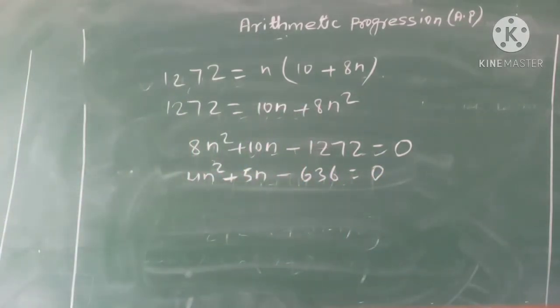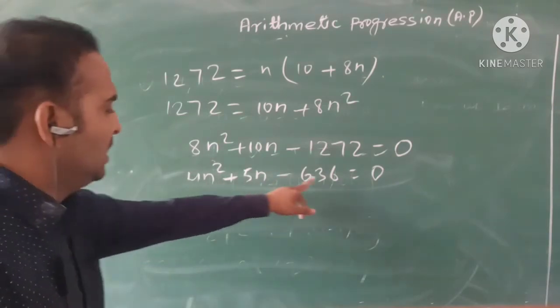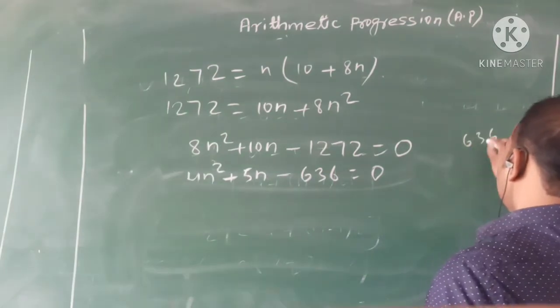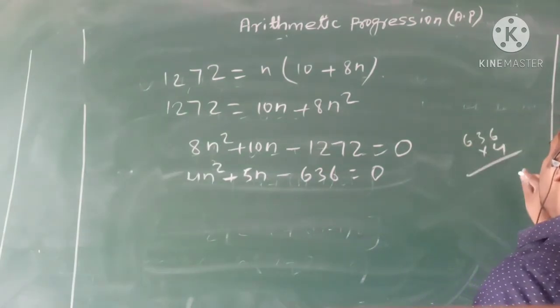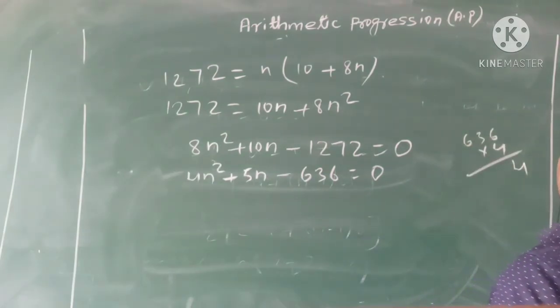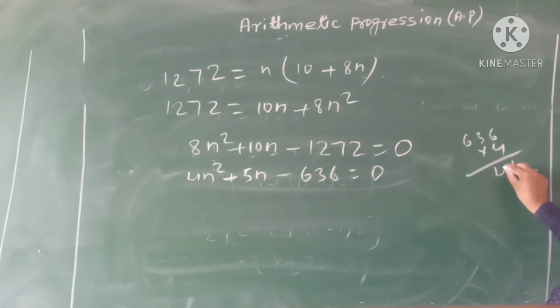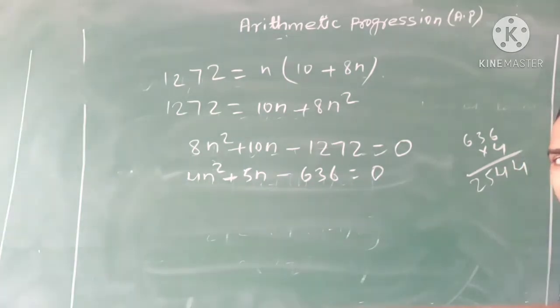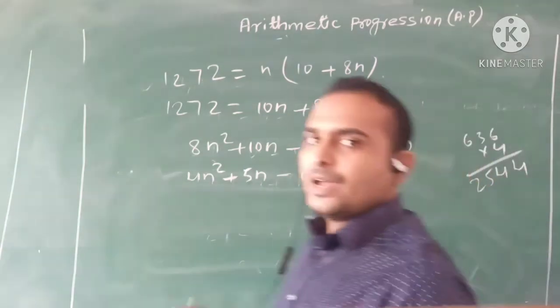Now, multiplying 4 and 636, 636 into 4 is 2544.